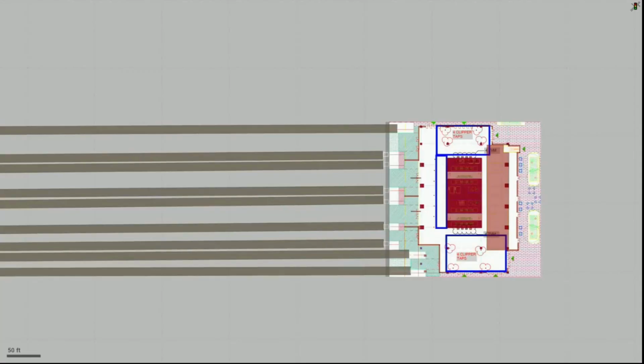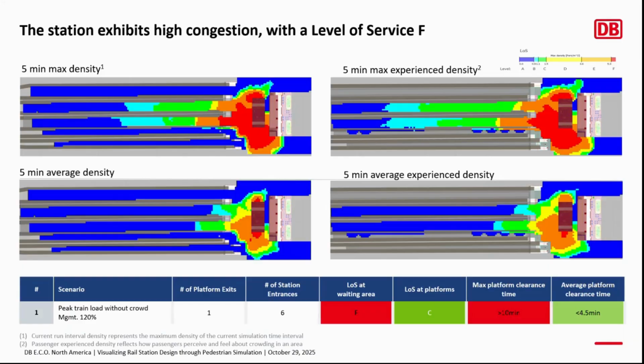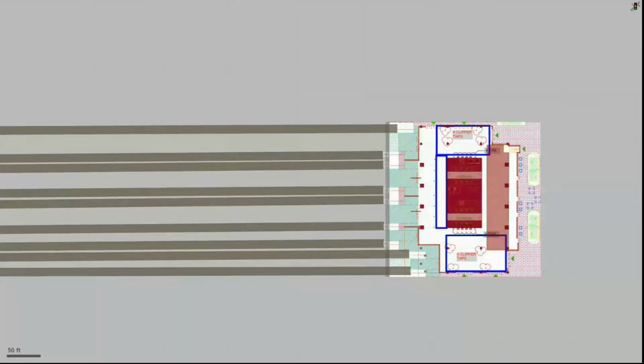So now I have a demonstration. Oh, it's not playing. Playing on here, but not on there.